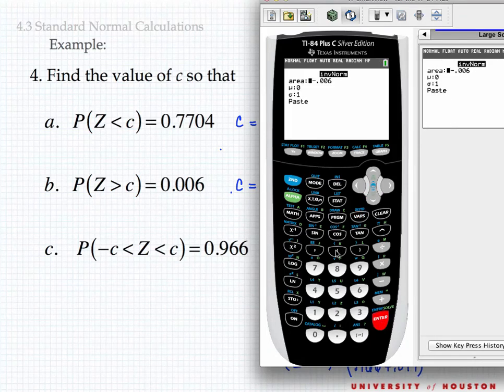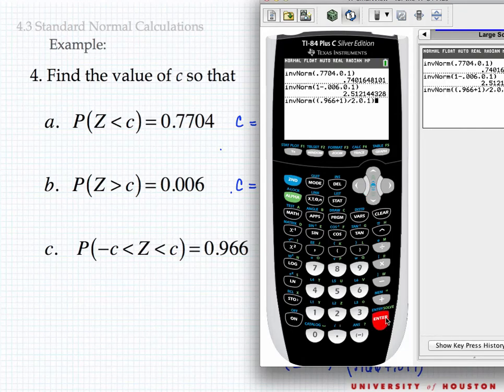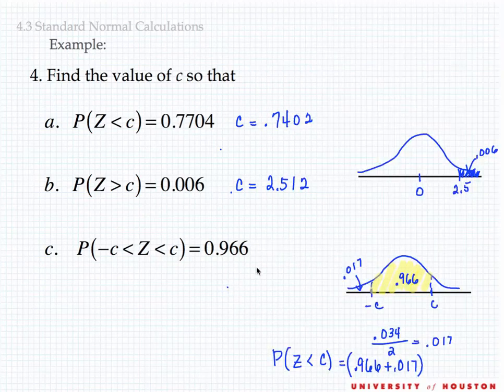And we would enter it this way. Parentheses, our probability, plus 1, close parentheses, divided by 2. And the calculator and RStudio both will do the calculations for you. Just make sure you have your parentheses in the correct place. And we get an answer of 2.12.